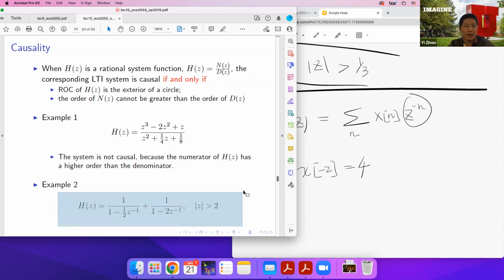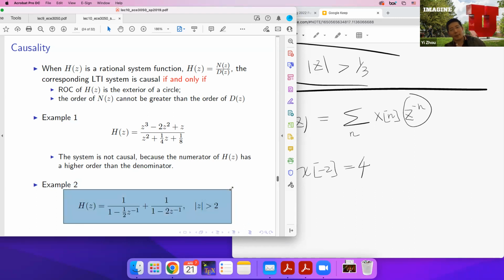On the other hand, for this one, looking at the ROC, it is extending outward. So it satisfies criterion 1, and also it includes infinity. So it satisfies criterion 2. And in this sense, this is a causal LTI system.